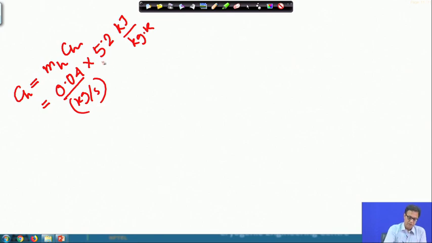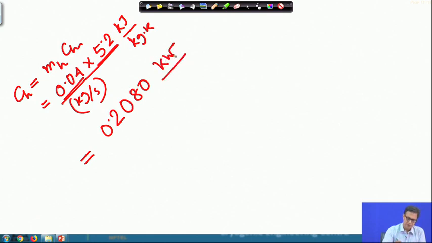If we multiply these two parameters, this comes out to be 0.2080 kilowatt per Kelvin, and we can also calculate the Cc.